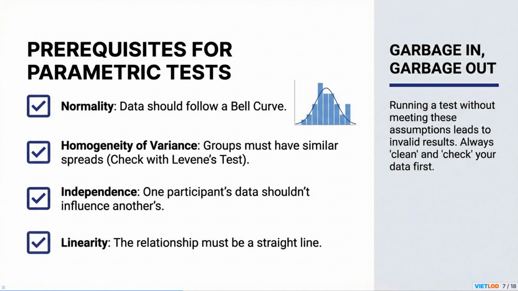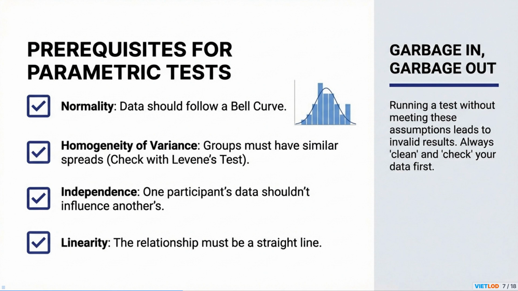First, normality. For many tests, your data should roughly follow a bell curve or normal distribution. Second, homogeneity of variance. When comparing groups, their spreads or variances should be similar. In SPSS, Levene's test is used to check this. Third, independence.